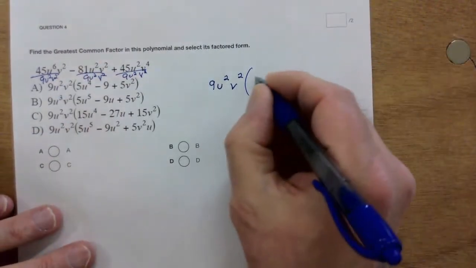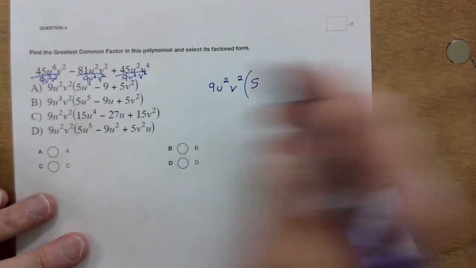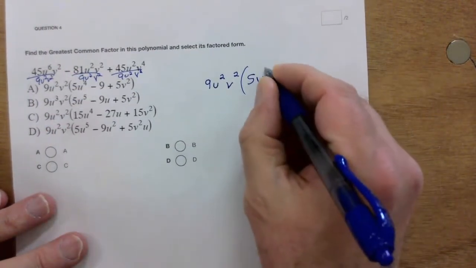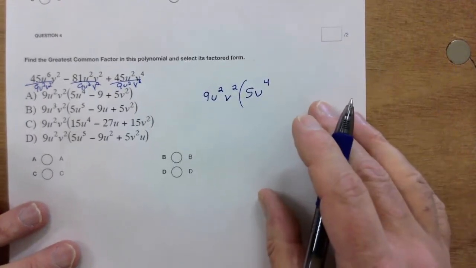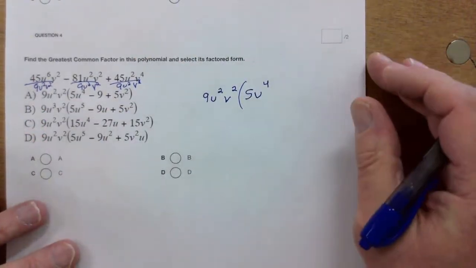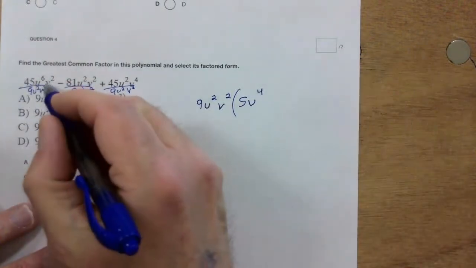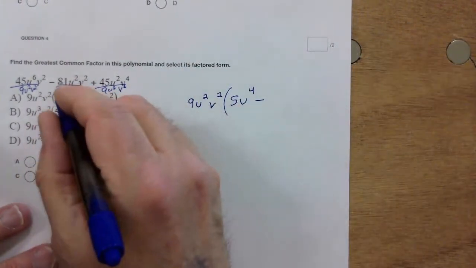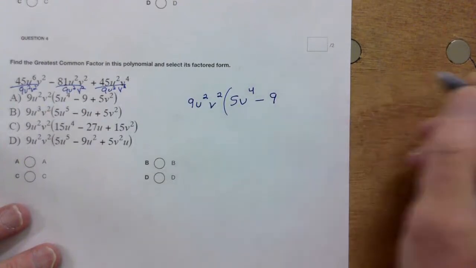45 divided by 9 is 5. 6 u's minus 2 leaves me with 4 u's. 2 v's divided by 2 v's, the v's are gone. All right, that equals 1. Subtract. 81 divided by 9 is 9.